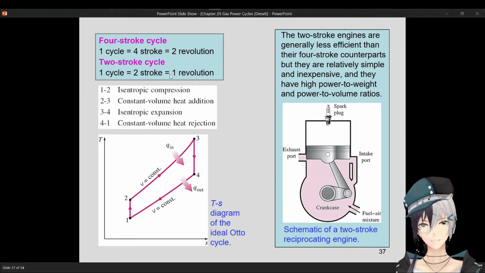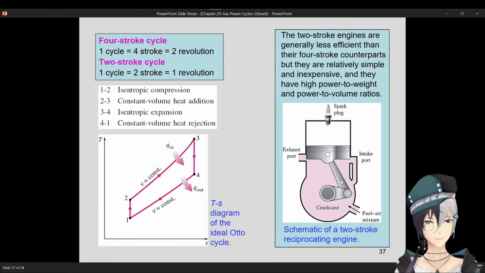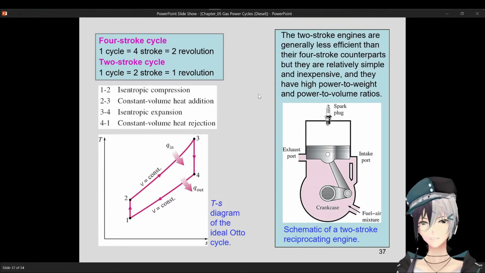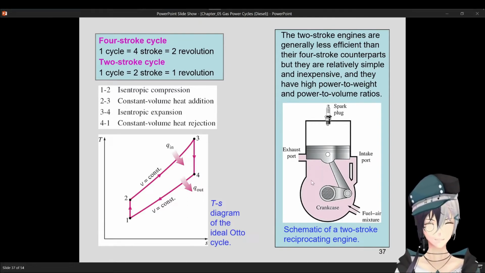One complete revolution produces one power stroke, as opposed to the four-stroke engine, which needs two complete revolutions to produce one power stroke.